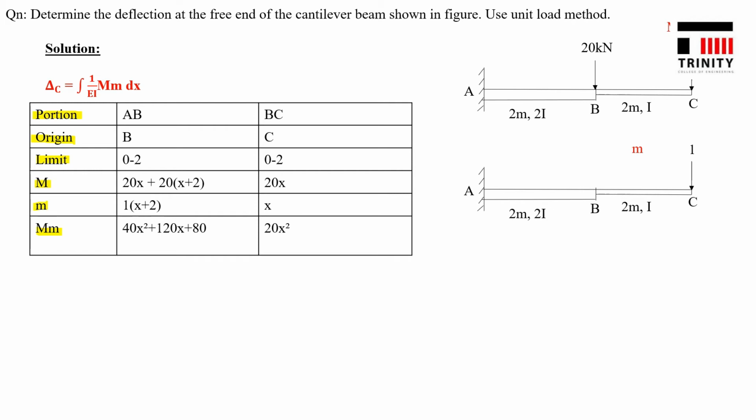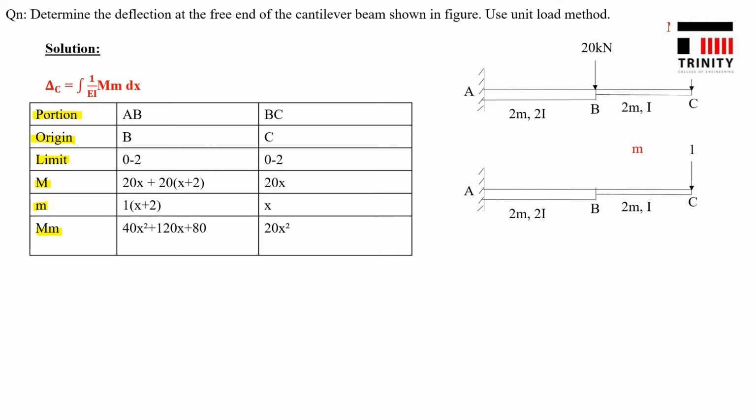If you are given a beam, you need to divide the beam into different portions. For this cantilever beam, there are two portions, AB and BC. For portion AB, moment of inertia is 2I, and for portion BC, moment of inertia is I.